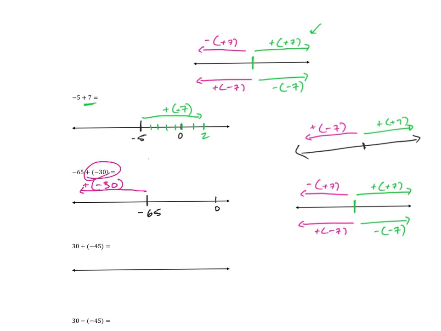Remember, 0 is clear over here. Some might be tempted to say negative 35, but negative 35 is over here, and you're not going in the right direction. So this would be negative 95. So negative 65 plus negative 30 is negative 95.